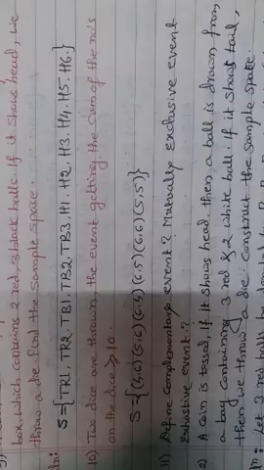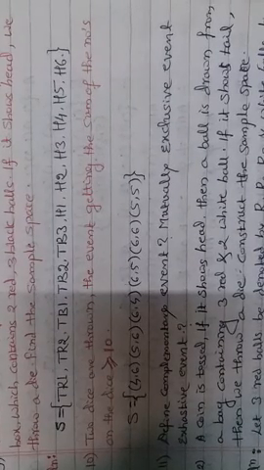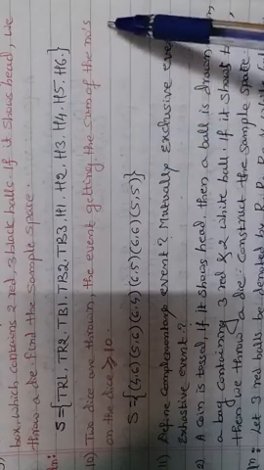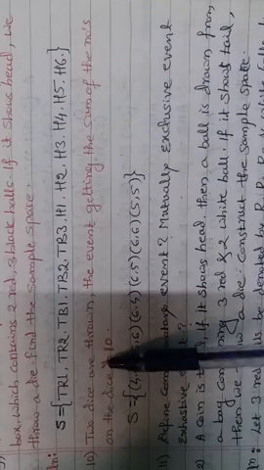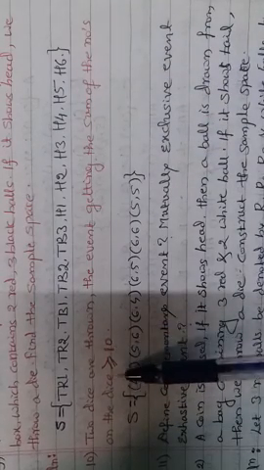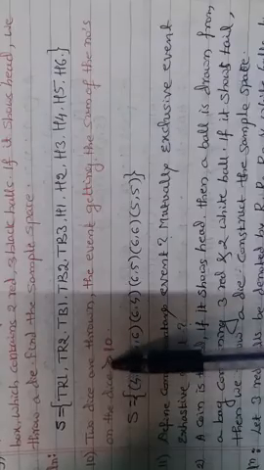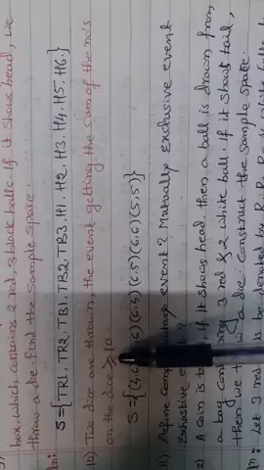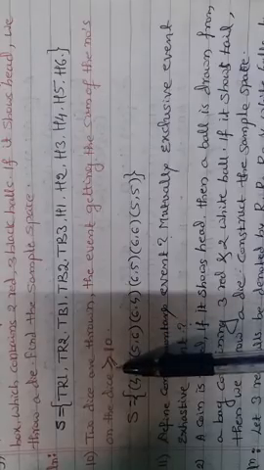Am I right here? So, what about his condition? 2 dice are thrown. The event is getting the sum of the numbers on the dice greater than or equal to 10. Be aware of the symbol, greater than or equal to 10. Be aware. Am I right here?